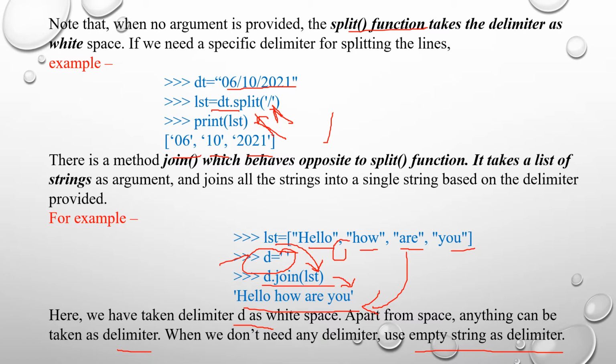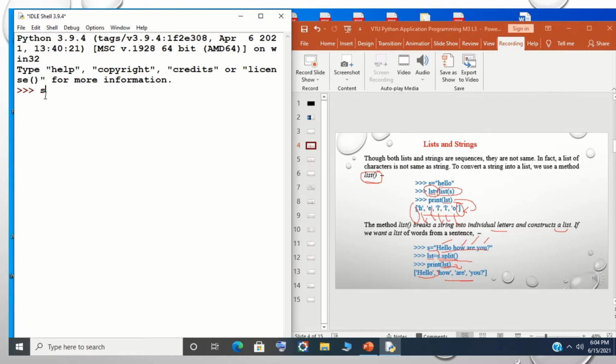Let's try these things in the Python interpreter. Let's consider s is equal to "hello". I want to convert this into a list format, so we have to use the list method. First we create the variable lst, after that I'm calling the list function, passing the parameter s.